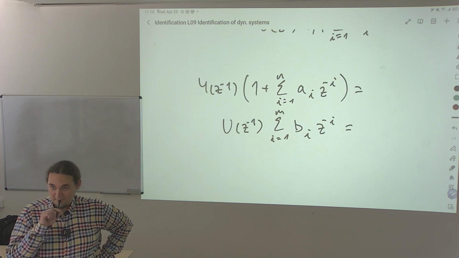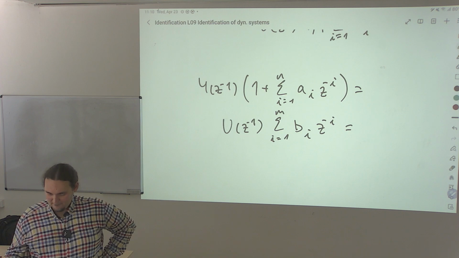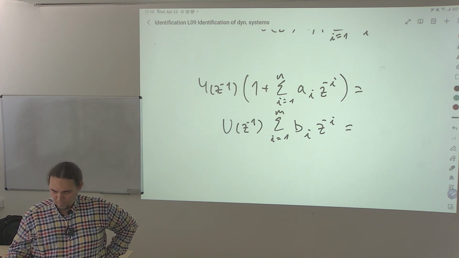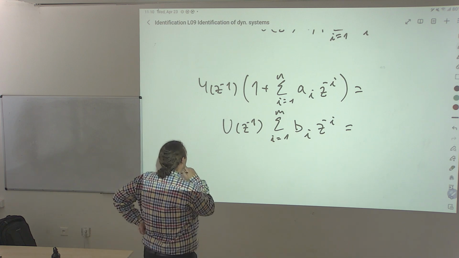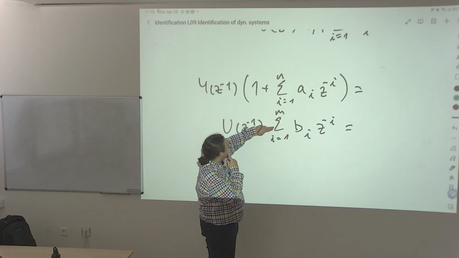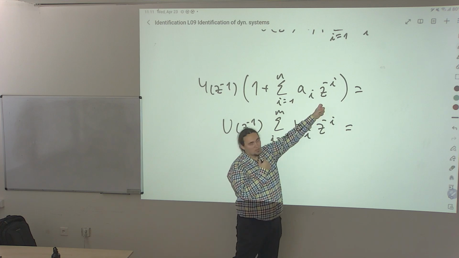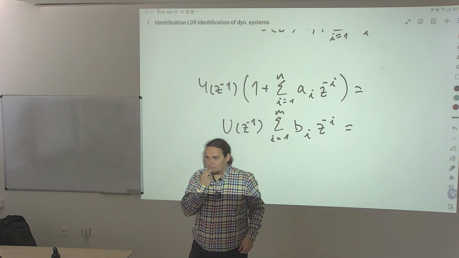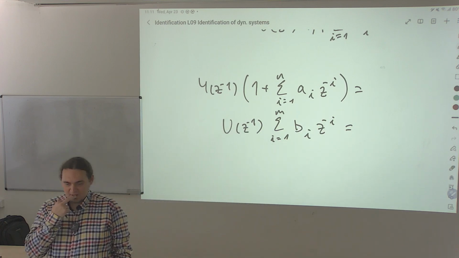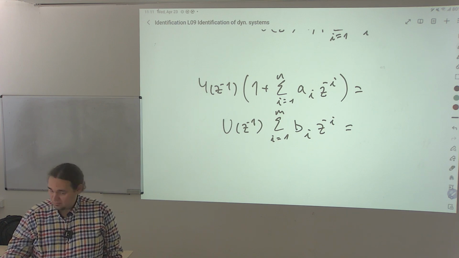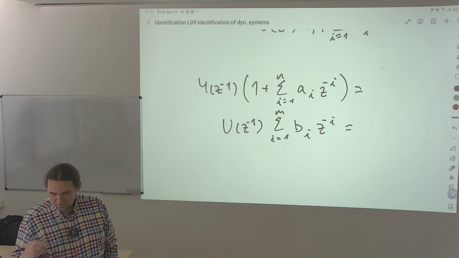And now what? I mean, we can basically keep these sums. Isn't it already just that we need to transform it now? Yes, exactly.